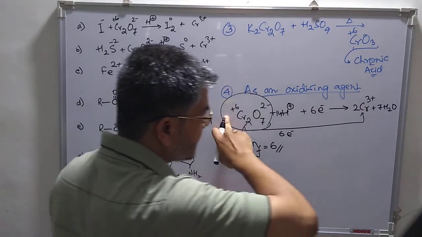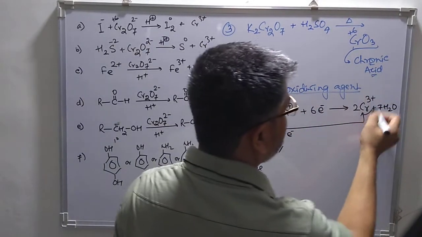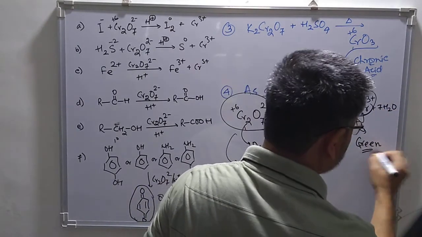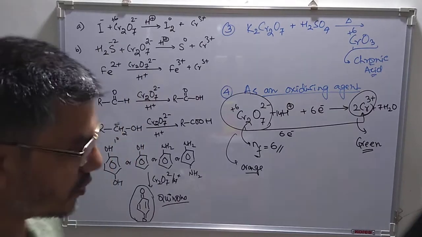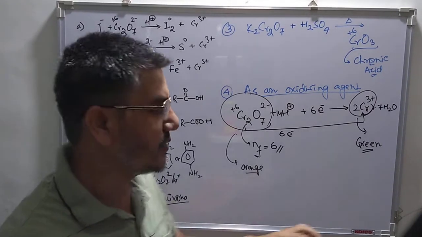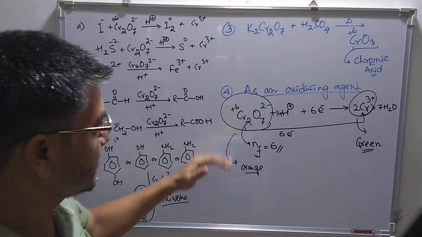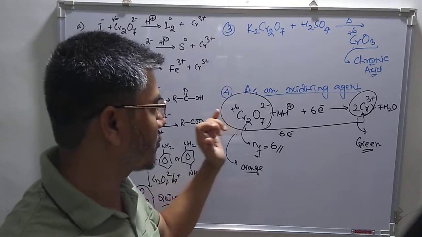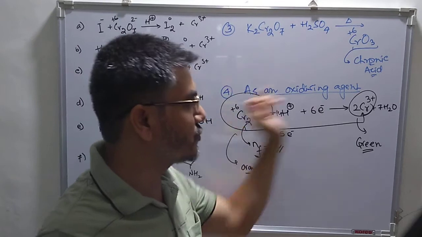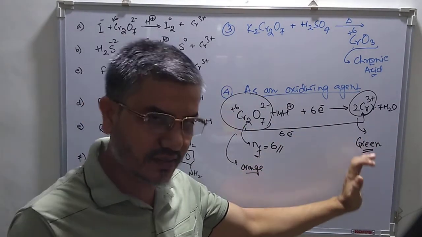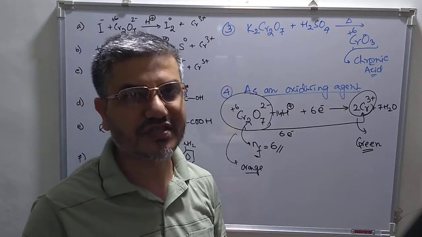When it changes to +3, the chromium in +3 oxidation state is green. So if there is a change in color of the solution from orange to green, that means some reaction has taken place, and the possibility is that the dichromate, chromium +6, is getting reduced to chromium +3, giving you a green color solution, and the other compound has been oxidized.